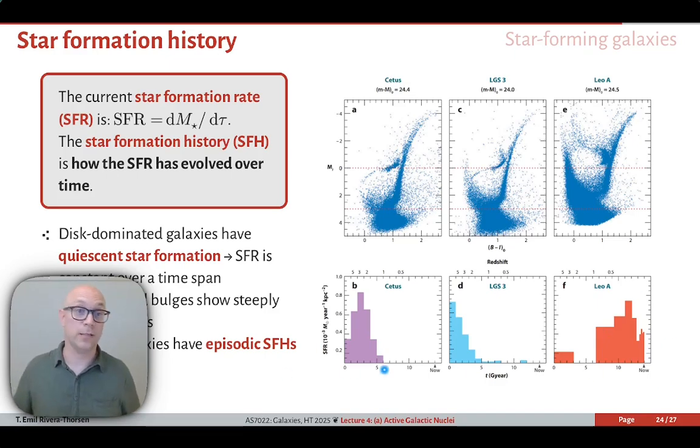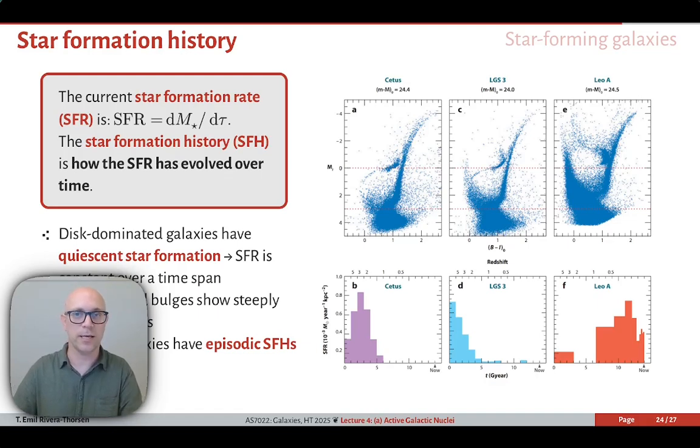And all this is more or less possible to reconstruct simply from these Hertzsprung-Russell diagrams and a set of very, very complex but manageable models of star formation histories and stellar populations. And of course, some assumptions about the initial mass function and so on.